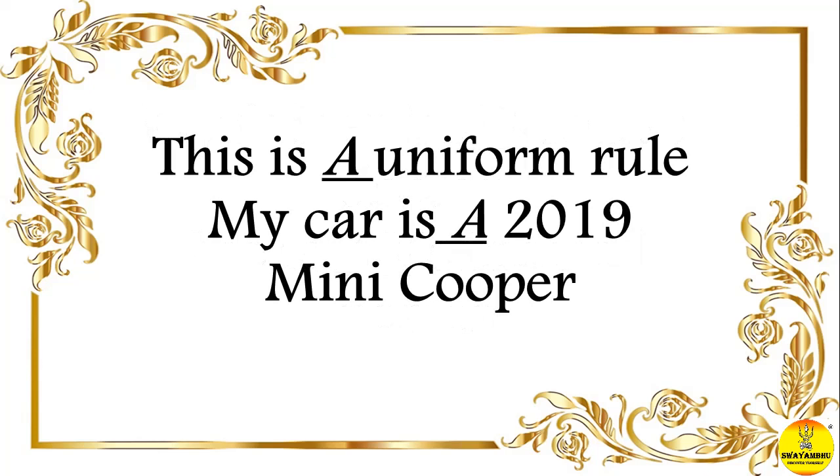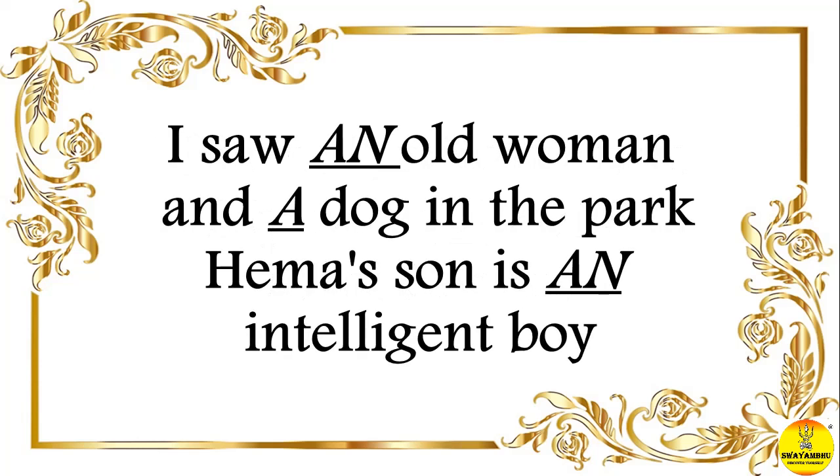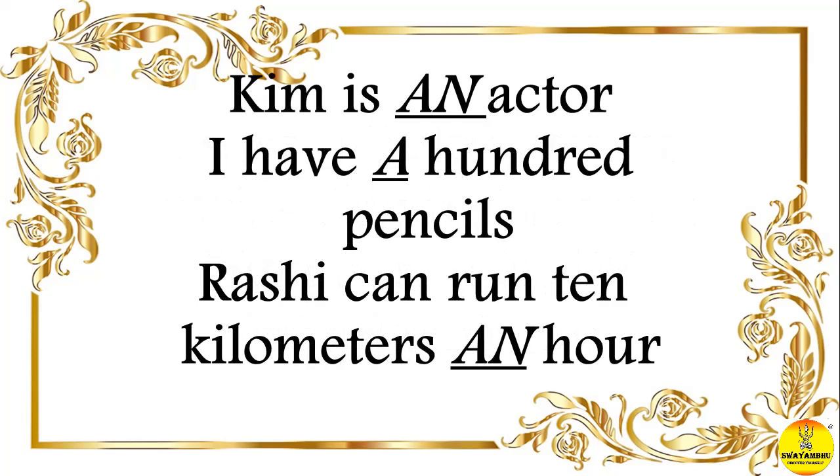This is a uniform rule. My car is a 2019 Mini Cooper. I saw an old woman and a dog in the park. Hema's son is an intelligent boy. Kim is an actor.